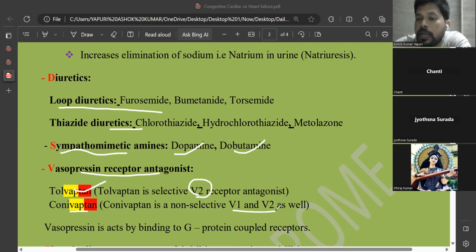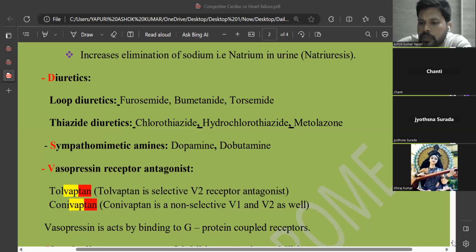Vaso means blood vessel, pressin means raising the pressure. So vasopressin on the blood vessel increases the pressure, and as ADH, antidiuretic hormone, it acts on the kidney and prevents diuresis. There are two types of vasopressin receptors, and both belong to the G protein coupled receptors.